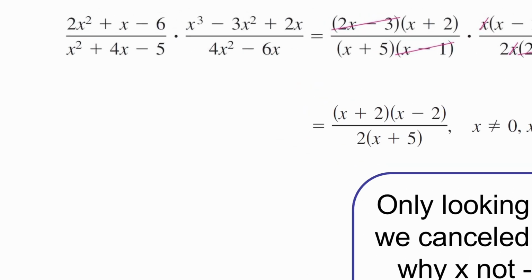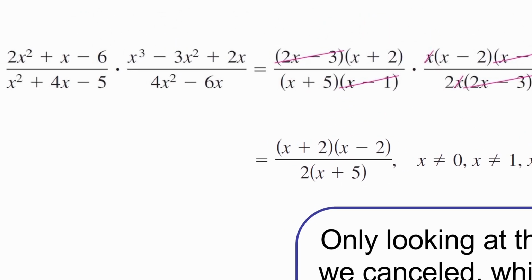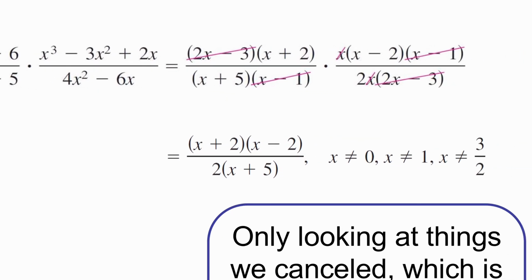When we factor this first one, we have the 2x minus 3. When we factor down here, though, that's also going to leave us with the 2x minus 3, so those get canceled. And when we set 2x minus 3 equal to 0, we end up solving it, and x is 3 halves.